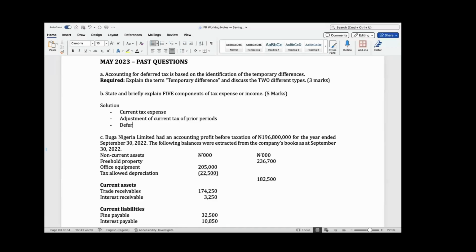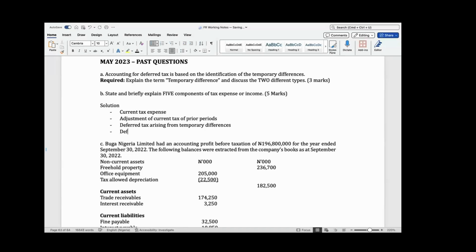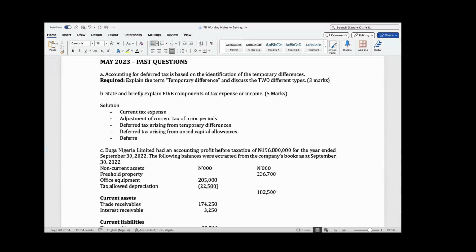I told you about deferred tax arising from temporary differences. I told you about deferred tax arising from unused capital allowances. I told you about deferred tax arising from tax losses carried forward. I simplified it for you that way.